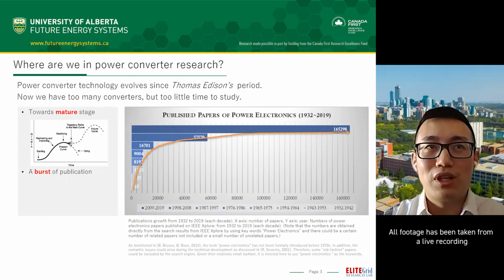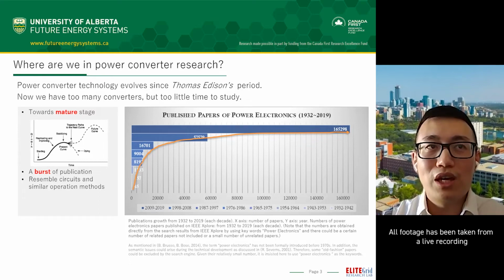It's getting more and more difficult for new students who just jump into the research field to know what's going on and to make real contributions. To achieve this goal, we need some powerful tools to help us learn the general picture of this field. Finding the relations in power converters is really helpful for this task.